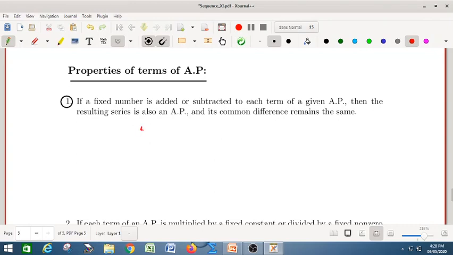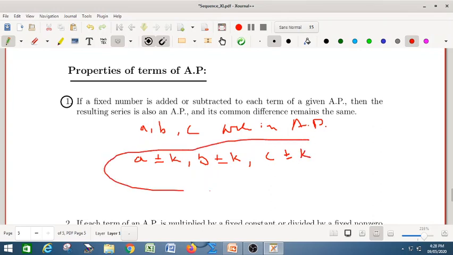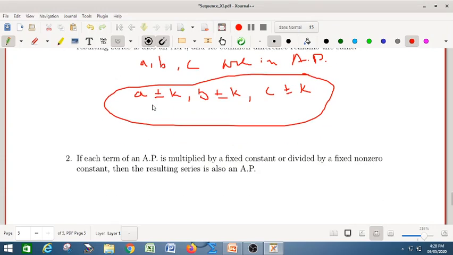So if A, B, C are in AP, then A plus or minus K, B plus or minus K, C plus or minus K, where K is a real constant, are also in AP.